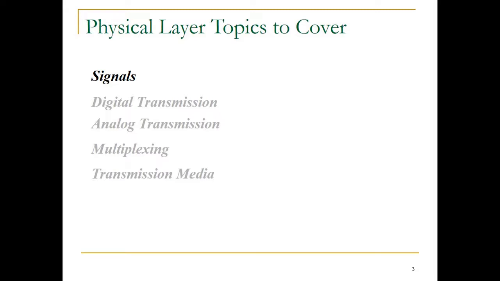Okay. Whereas digital data refers to information that has a discrete state. So it can have either a high or a low state, which is usually represented as on and off in terms of voltage level transmission or voltage pulse transmission.